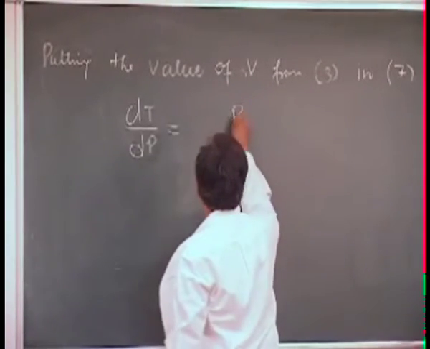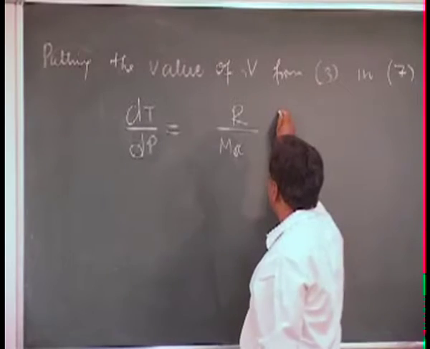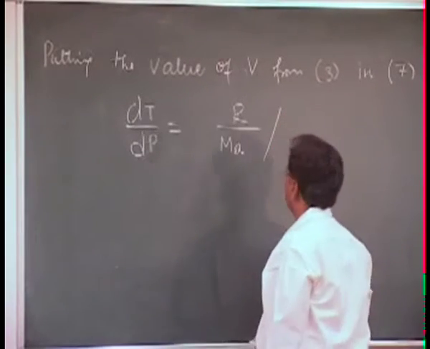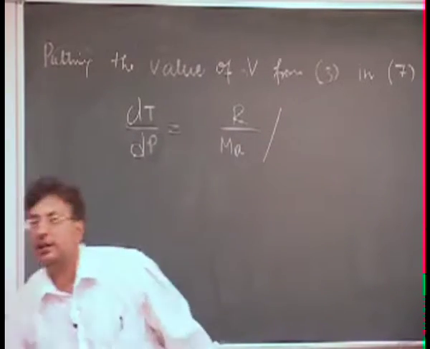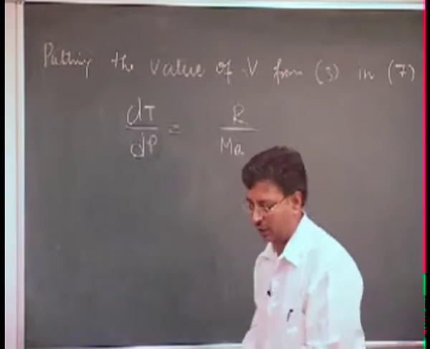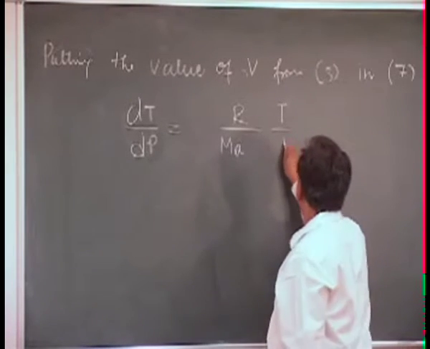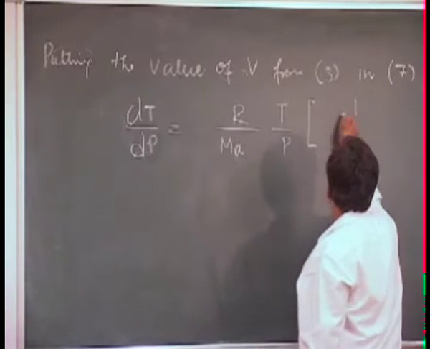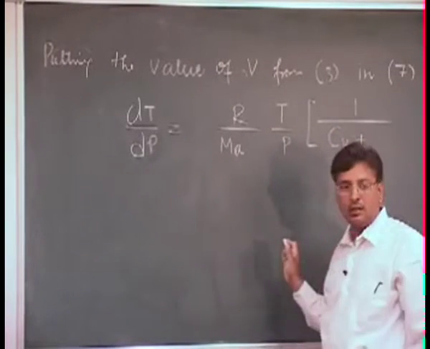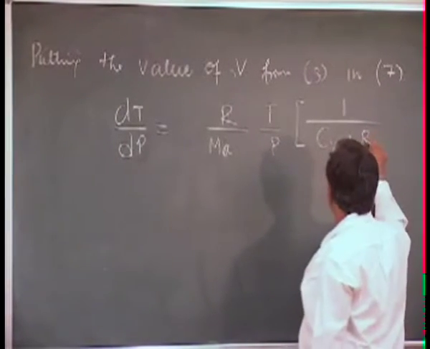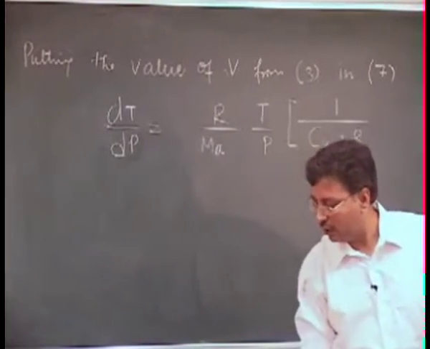R by Ma, whole upon this, into T by P. All right. Finally we'll write it in a slightly different way, but whatever you're getting, let's write it this way: T by P and whole thing 1 by Cv plus R by Ma.